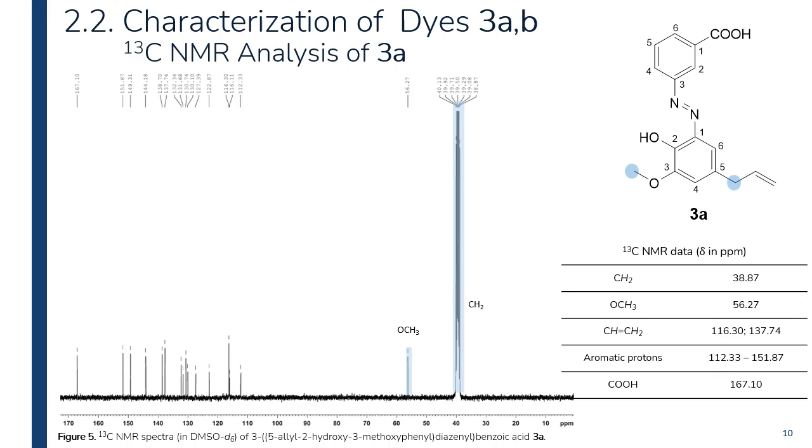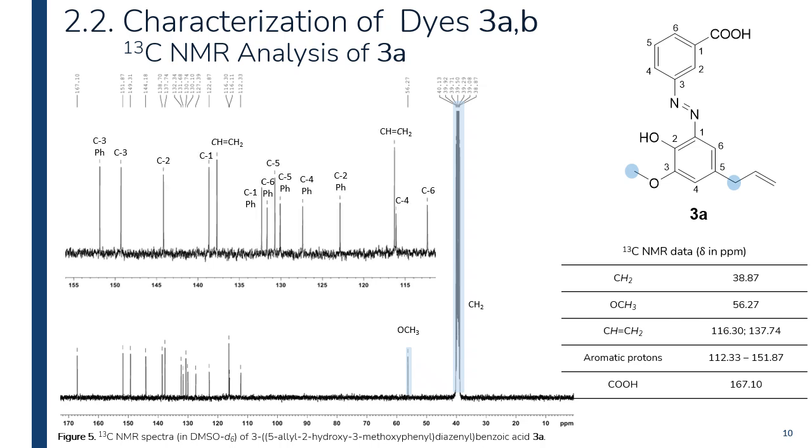The analysis of the carbon NMR spectrum of dye 3A clearly confirms the presence of the expected structural units. We observe signals which correspond mainly to the aromatic carbons from the benzene and phenolic rings. This confirms that the aromatic structure was preserved during synthesis. It is important to note that part of the signals associated with the allyl group also fall into this region due to the unsaturated nature of this side chain.